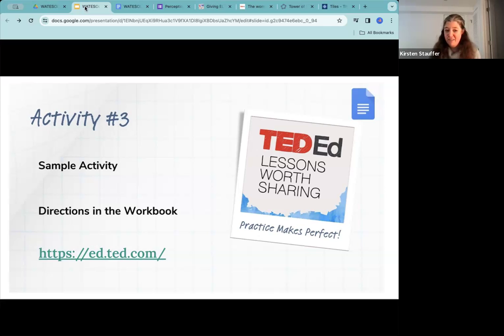Another activity that I've had them do is sit with a partner and explain the video that they watched and some key vocabulary, and then the other student can ask questions. But when we come to a full class share, the student who watched the video is the coach, and the student they shared their video with is the one who has to share out what the video was about.